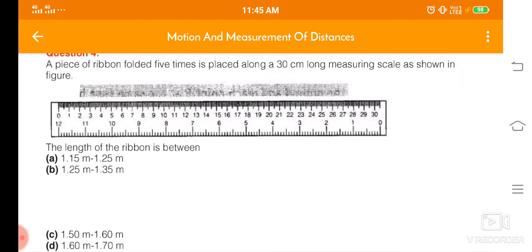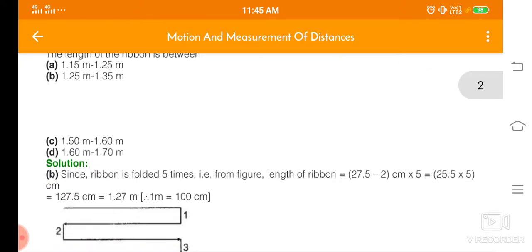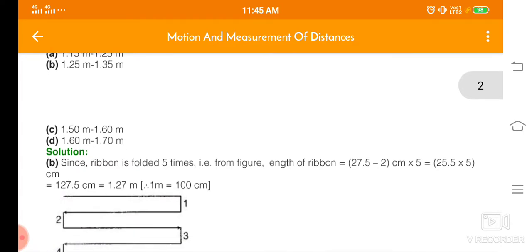Answer is B because the ribbon is folded 5 times.